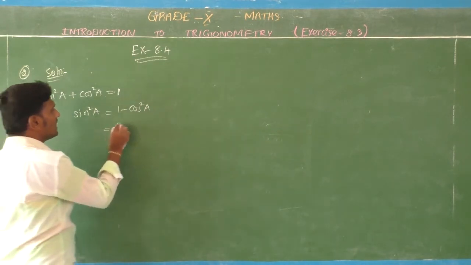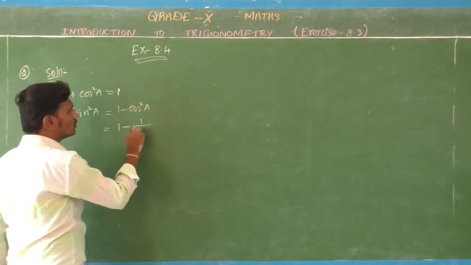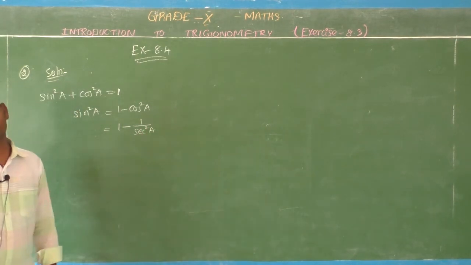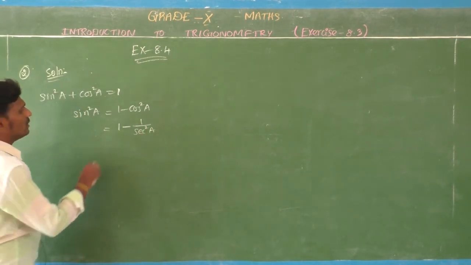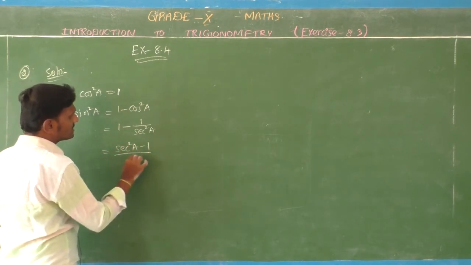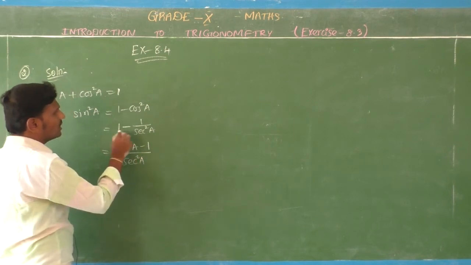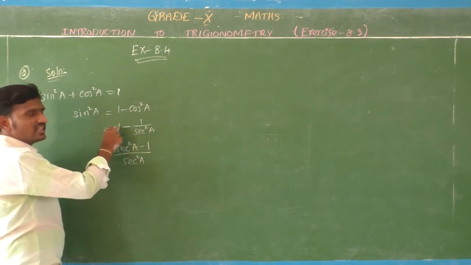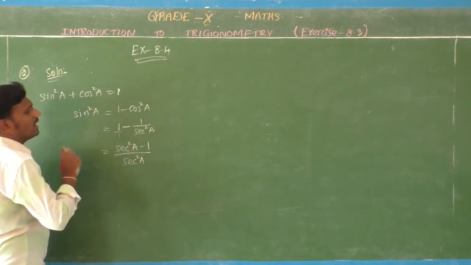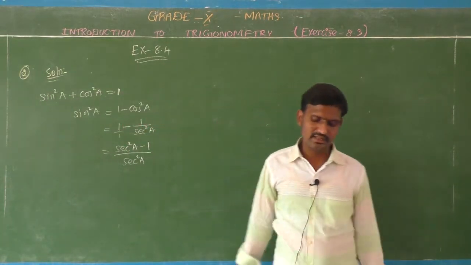So I am taking cos A as the reciprocal of secant A, so 1 by secant square A. Now I take a cross multiplication of secant square A minus 1 by secant square A. Secant square A into 1 is secant square A, so it is secant square A minus 1, the whole divided by secant square A.